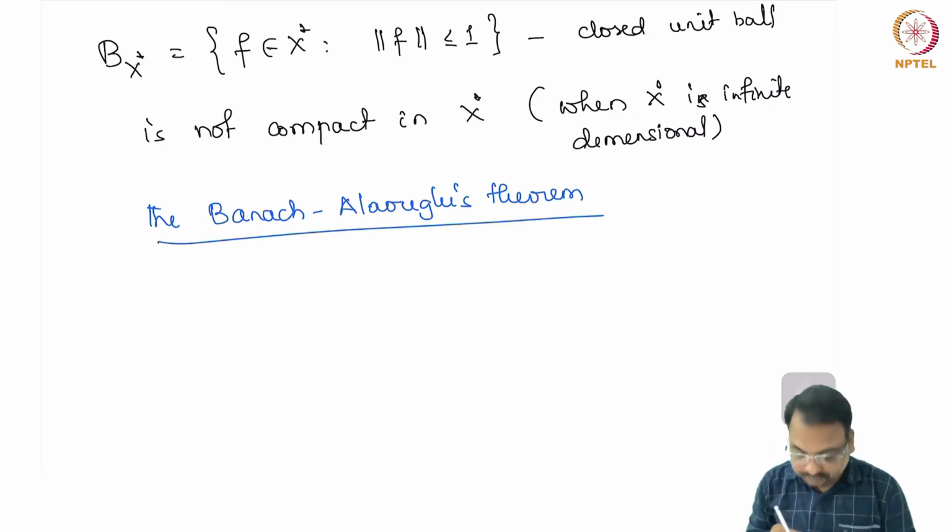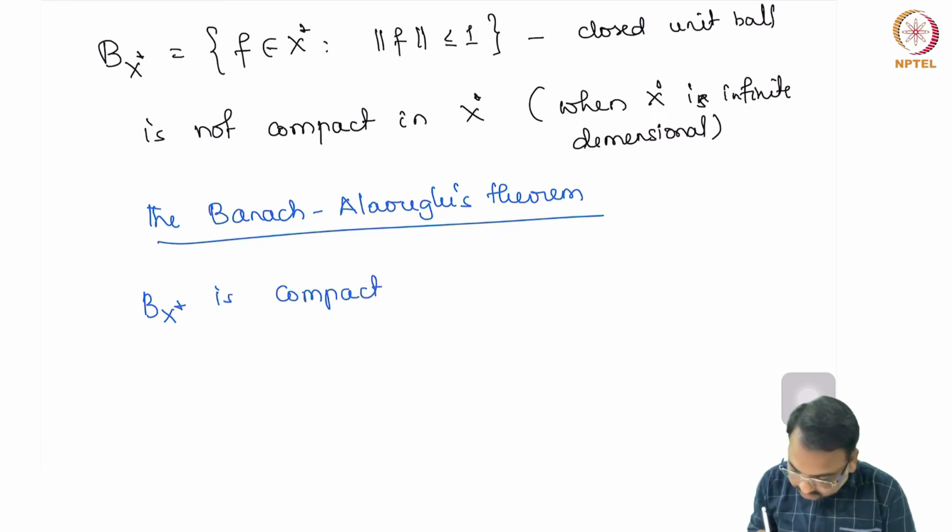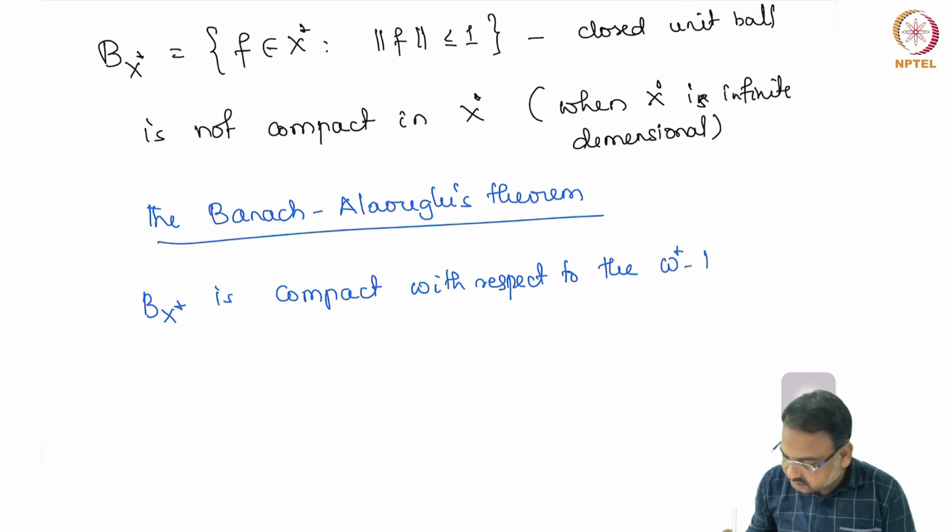It says that B of X star is compact with respect to the weak star topology on X star.